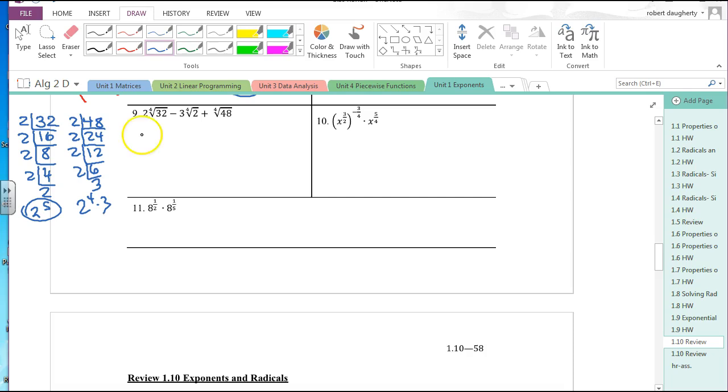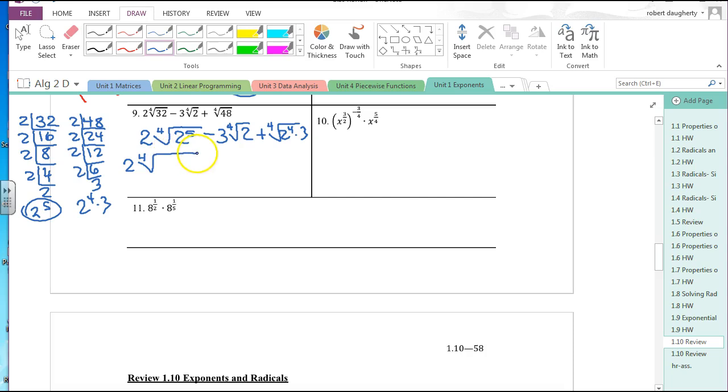So what I have here is 2 times the 4th root of 2 to the 5th minus 3 times the 4th root of 2 plus the 4th root of 2 to the 4th times 3. So this is 2 times the 4th root.